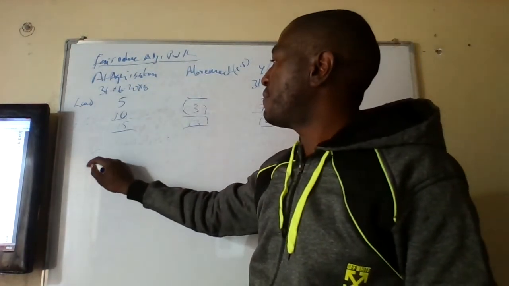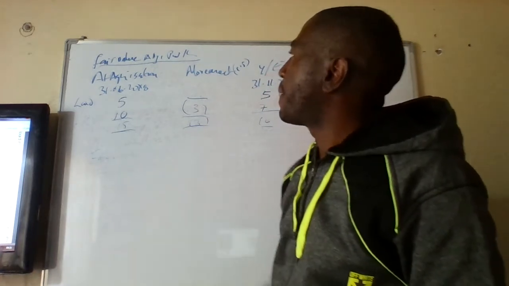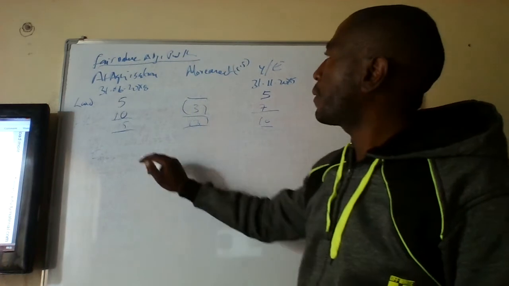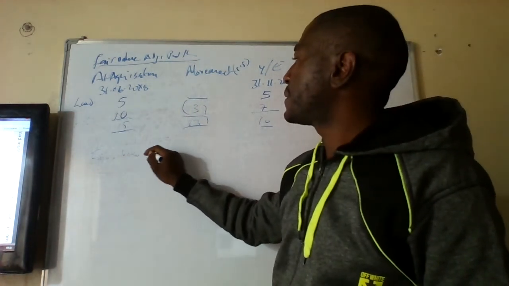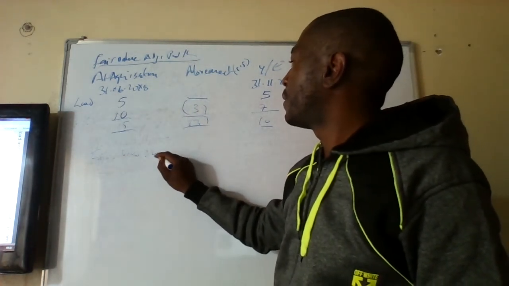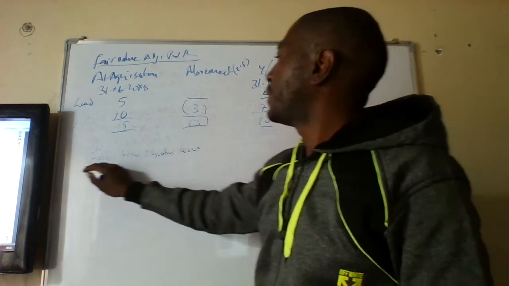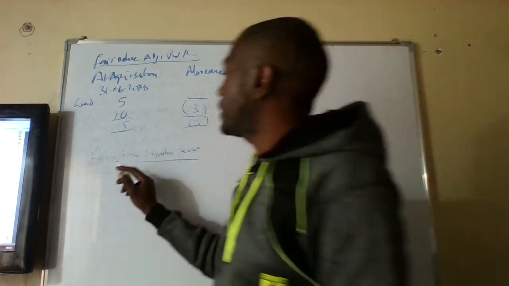Then we are going to have fair value adjustment under note 2. Fair value adjustments for Fence. Same thing at acquisition.